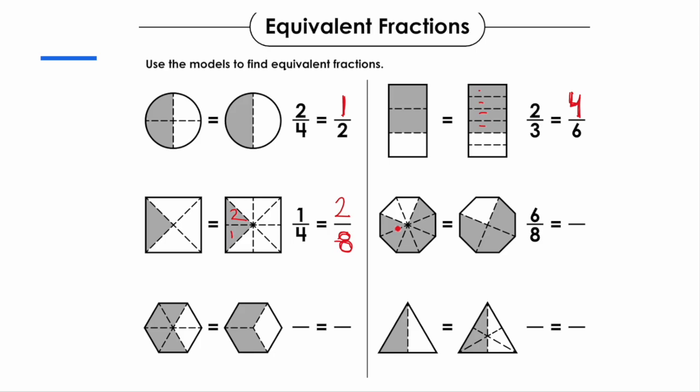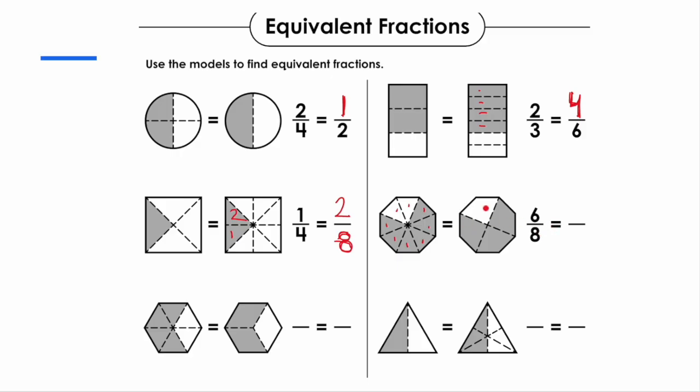I need to find, right? Oh, look, it's telling me it's cut into 8 pieces. Let's see if it's right. 1, 2, 3, 4, 5, 6, 7, 8. So the denominator is correct. There are 6 shaded pieces, so I'm going to my next one. So 6/8 is equal to what? What is the equivalent fraction?